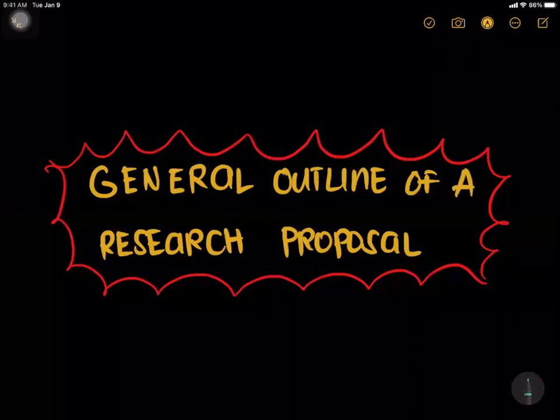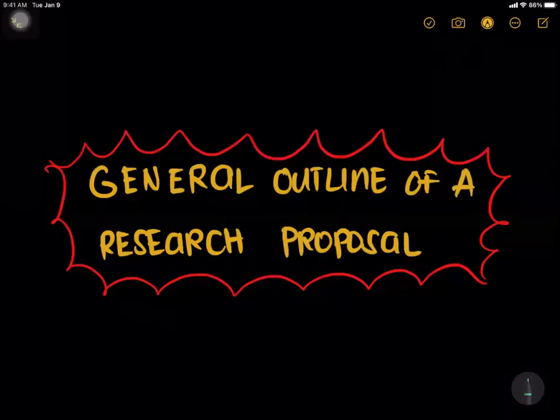It's quite redundant, but let me emphasize one more time that the outline of a research proposal varies from institution to institution, and it really depends on the review board of a certain institution and their preference for how a research proposal is outlined. So you may check the captions for the link to a sample outline of a research proposal, specifically in market research.